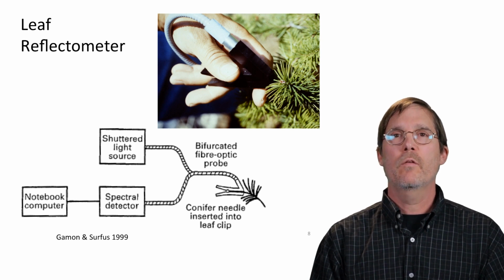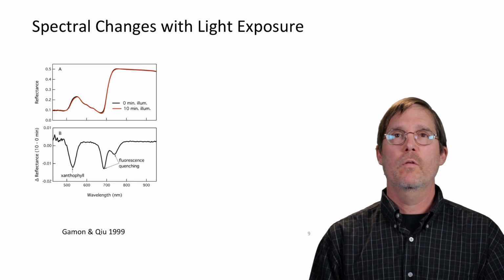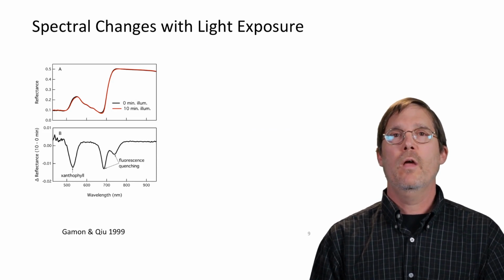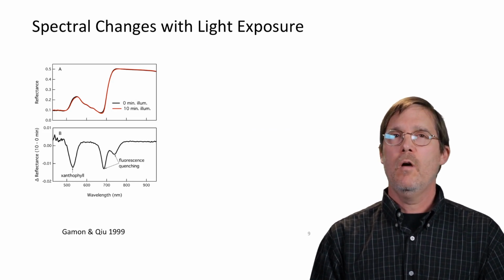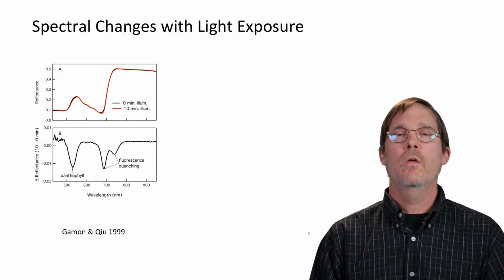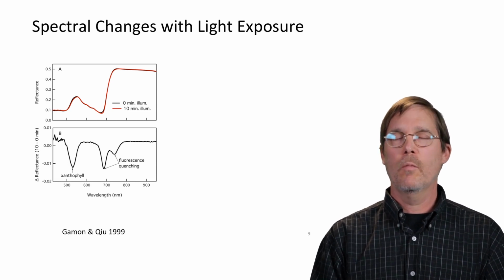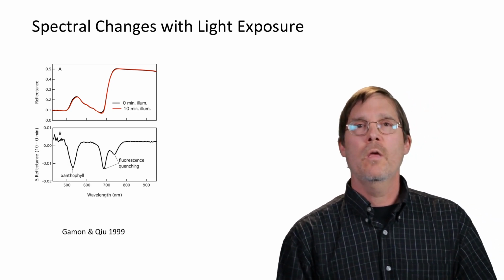So work like this has revealed similar sorts of responses. This is on a Douglas fir canopy, and you can see in the top panel a very subtle change in reflectance, both in the fluorescence region, which is shown in the bottom panel. The dips on the right-hand side are the double dip from fluorescence quenching.